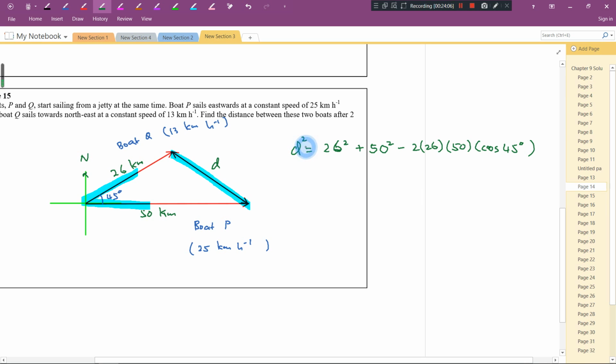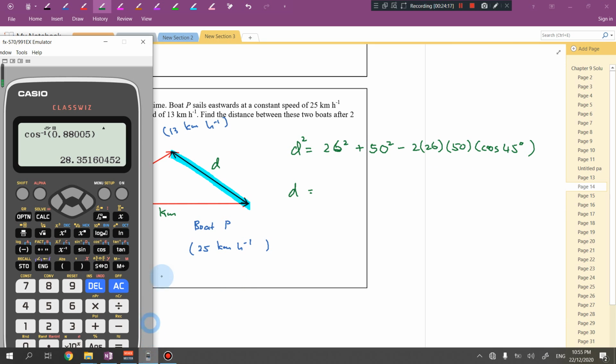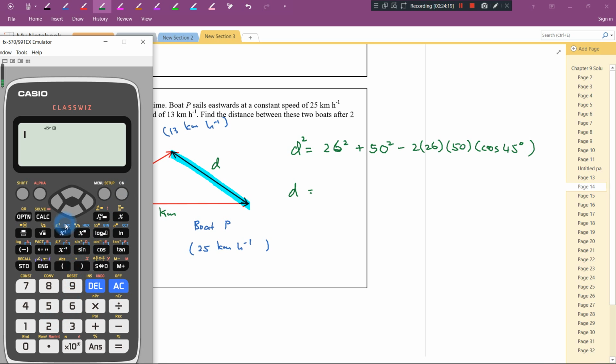So this is D square. If you want to get D directly, you can press this whole thing. Let me show you. 26 square plus 50 square, minus 2 times 26 times 50 times cosine 45.